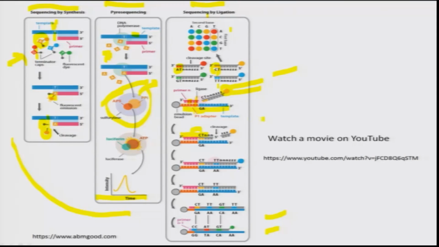Then you have another reaction that goes on, you remove this fluorochrome, then you have another base that comes in, and again this would be calling for whatever bases are present after the first oligonucleotide is annealed. In between you are not able to read, but after 3 bases you are able to again read the 2 bases of the DNA and go on. Then you have different primers that anneal at different positions.